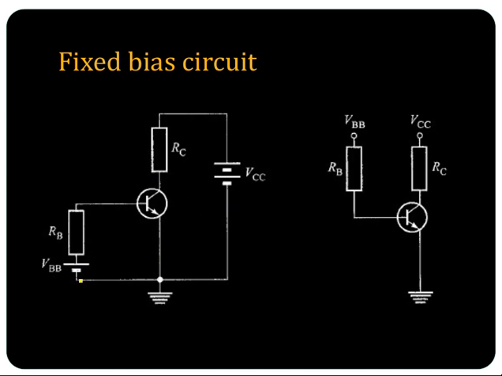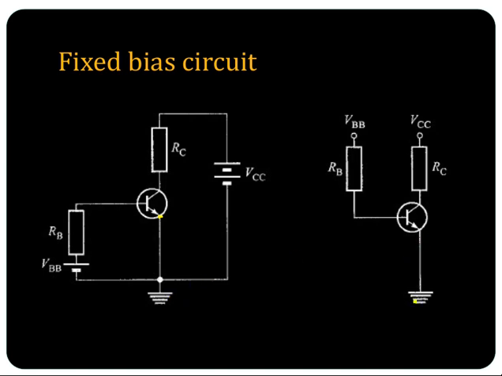You can see the same circuit can be drawn like this. The negative of VBB is connected to ground, and the negative of VCC is also connected to ground, isn't it? So you can redraw it like this. The VBB positive is connected through RB to the base, and the emitter is also connected to ground.